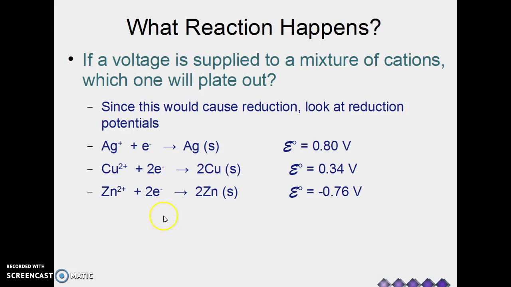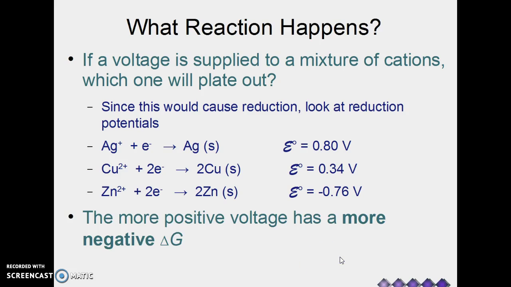And so if we ask the question, if we mix silver plus ions, copper 2 plus and zinc 2 plus, and apply a voltage to those electrodes, which one of these will preferentially plate out? Now the more positive voltage has a more negative delta G.